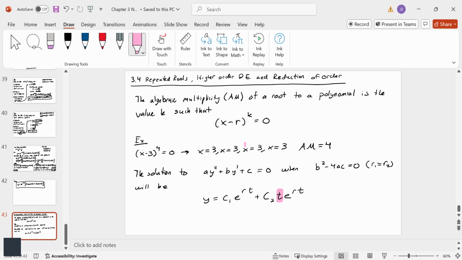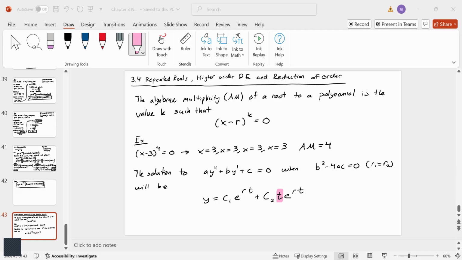And this goes back to 3.2 when we talked about the Wronskian and all that. In order for your solutions to work properly and for you to have all of the information that you want, you need independent solutions. And without that t value, you would just have two functions that are essentially the same and they're not independent. So that's why it's there.